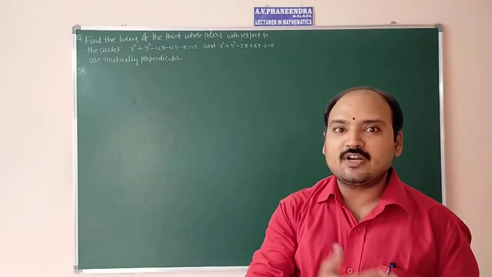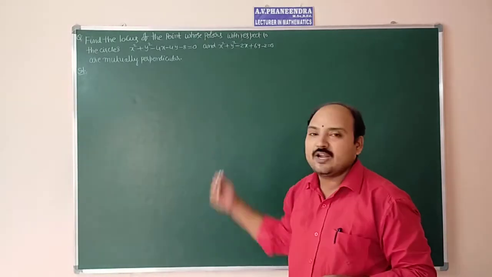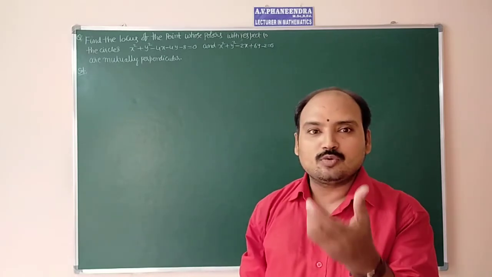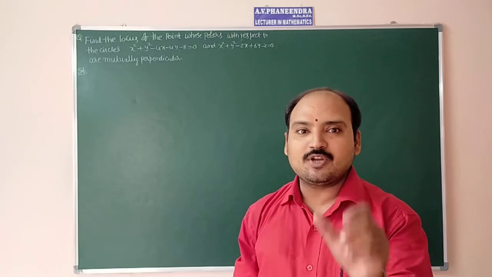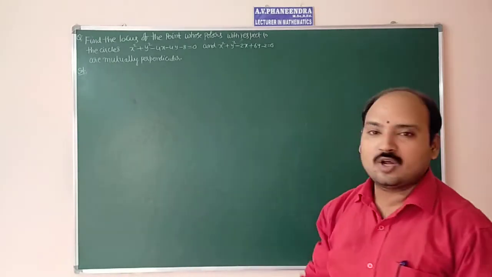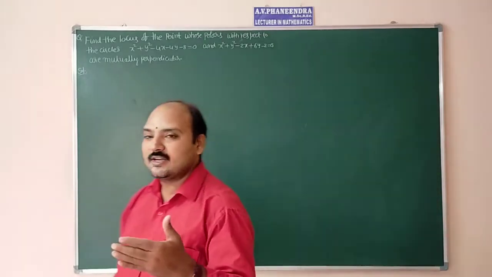First slope is m1 and second slope is m2. Since the polars are perpendicular, the product of the two slopes equals minus 1. So if you do that, m1 into m2 equal to minus 1, you will get one equation, that is the required locus of the point whose polars are mutually perpendicular. So first let us consider a locus point.